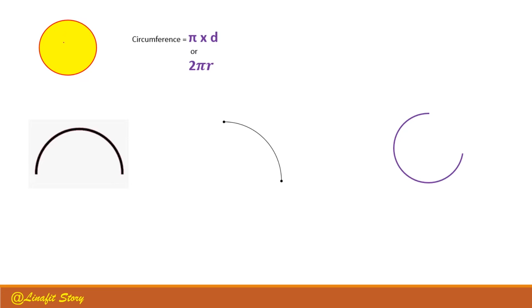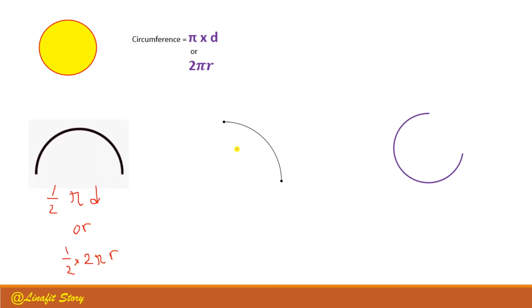The circumference of a circle is the distance around the outside of the circle. To get the circumference is pi times diameter or 2 times pi times radius. How to find the length of a semicircle? 1 over 2 times pi times diameter or 1 over 2 times 2 times pi times radius.